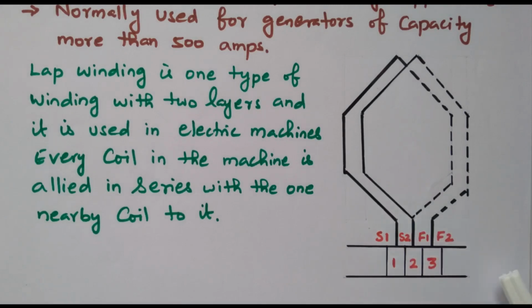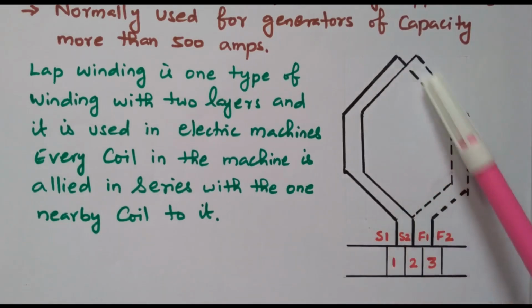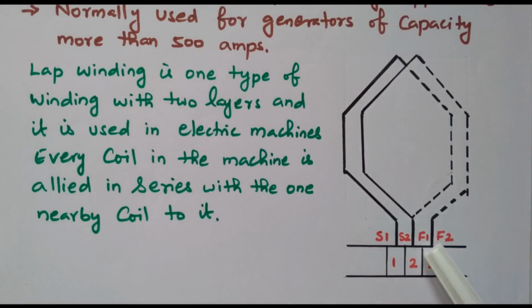See, the first coil starts from here and is connected to the second segment. The first coil starts at S1 and goes to the finish F1. S1 means the first start, and F1 is the first finish.